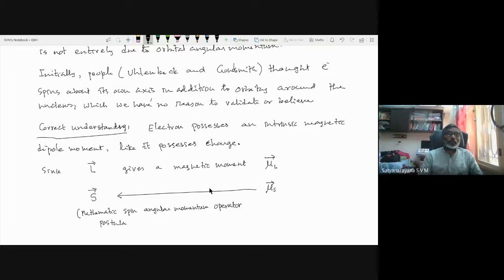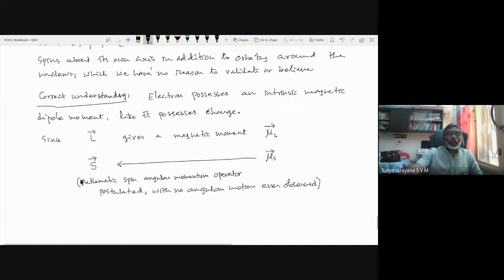No angular motion is ever observed. So it's a mathematical quantity.